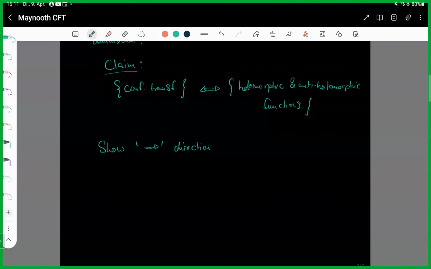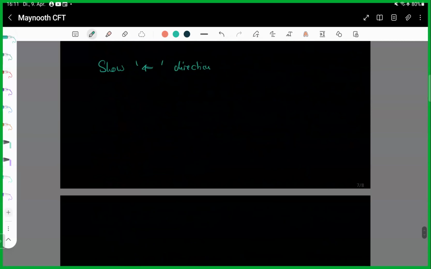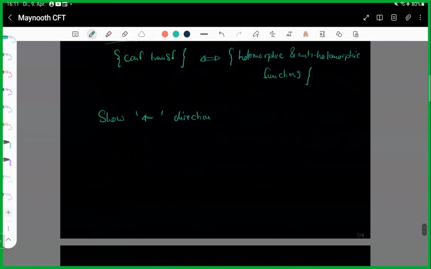No, excuse me, actually, I made a mistake. We're going to show this direction. We're going to take a holomorphic transformation, a holomorphic function, and we're going to show that it is conformal. Okay. So in order to do that, we're going to use coordinates, which are complex. As before, this is z, but now we're also going to introduce its complex conjugate.